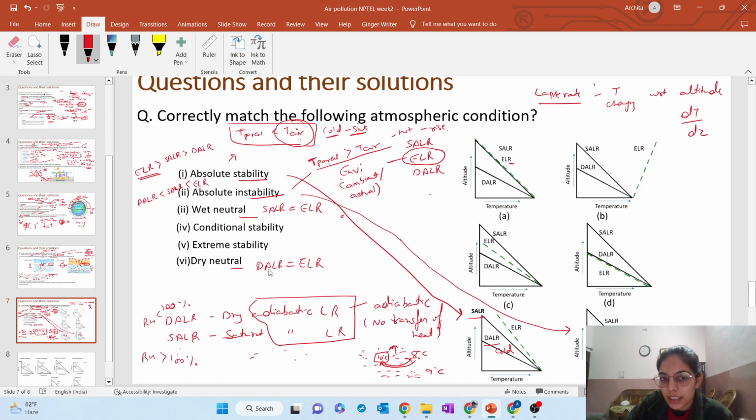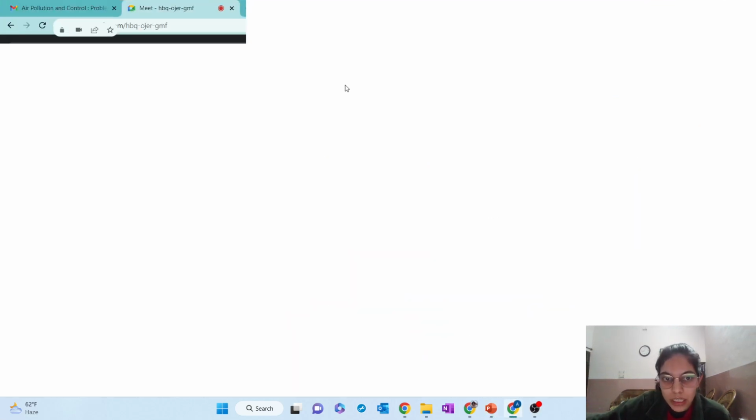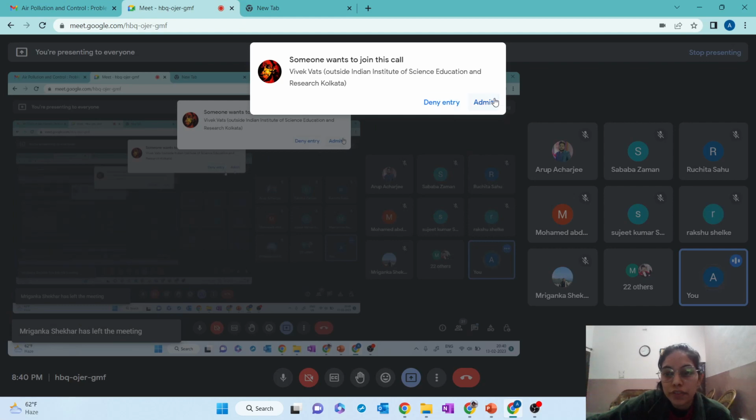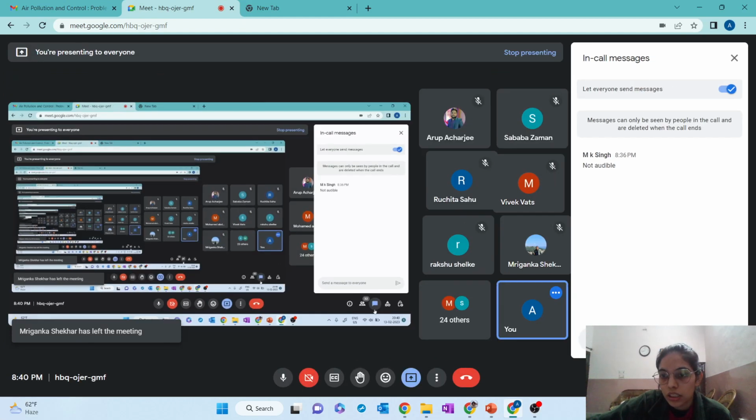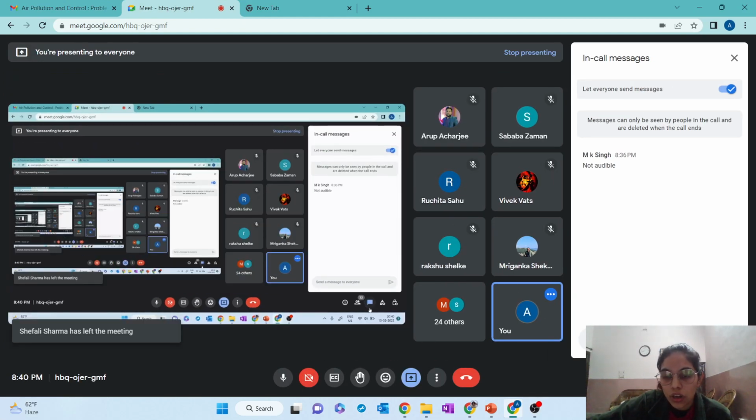These two curves are A and D, where ELR is equivalent to any one of them. Dry means that DALR is equivalent to ELR. So this is the answer for D: the dry adiabatic lapse rate is equivalent to the environmental lapse rate.